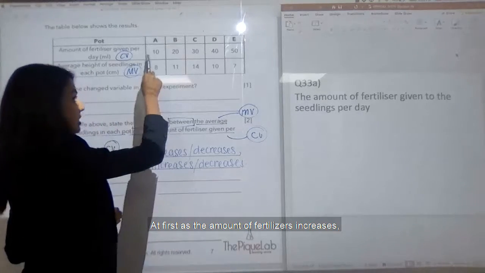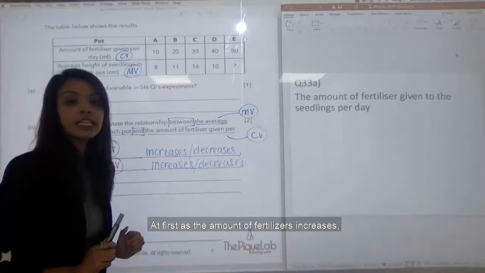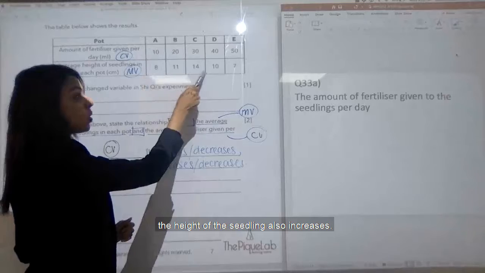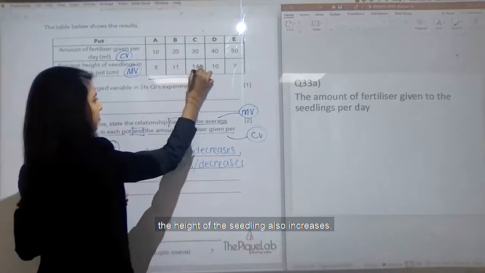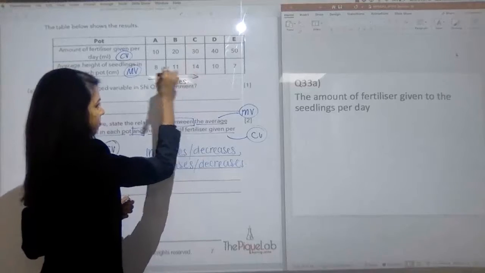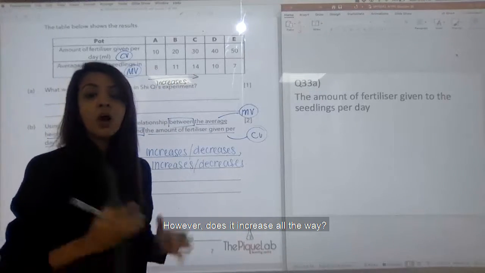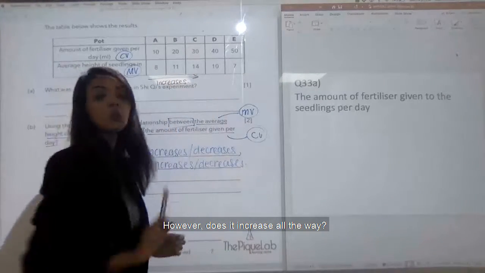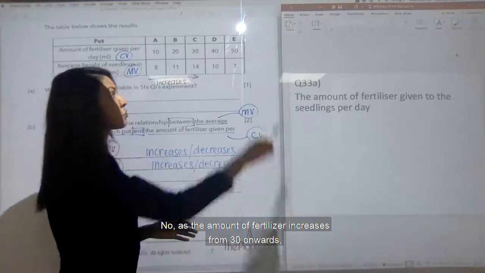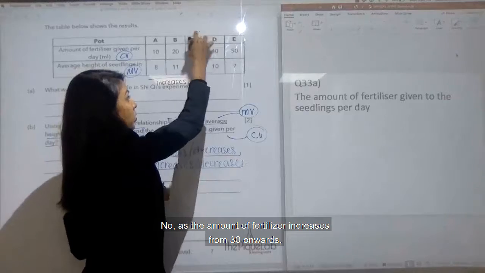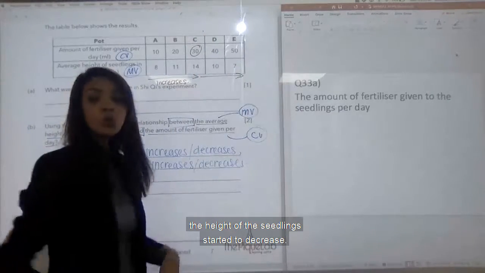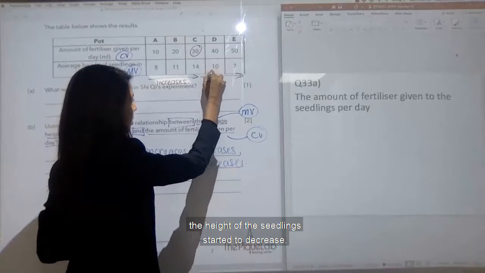At first, as the amount of fertilizers increases, the height of the seedling also increases. However, does it increase all the way? No, as the amount of fertilizer increases from 30 onwards, the height of the seedling started to decrease.